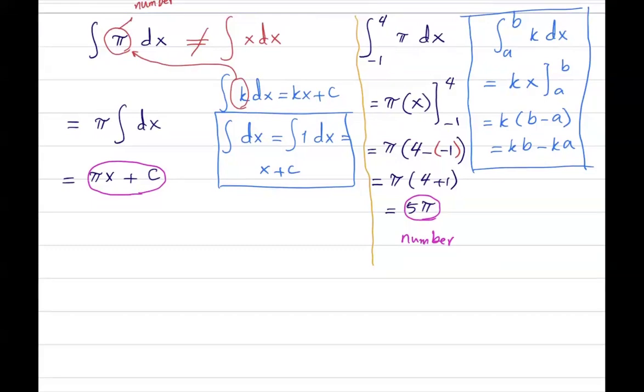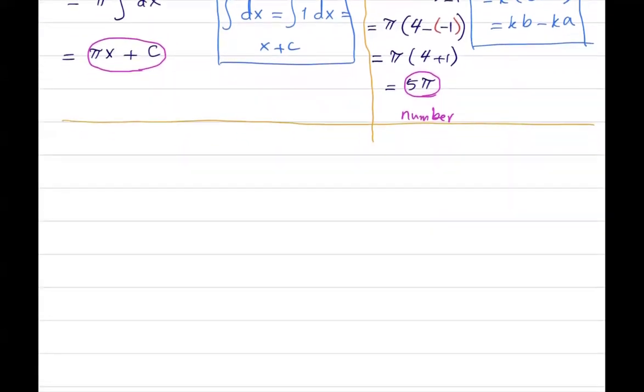We can make it more interesting. Instead of pi, we can use any other number like square root of 3. Take a look here. I'm going to find the definite and indefinite integral of the following.